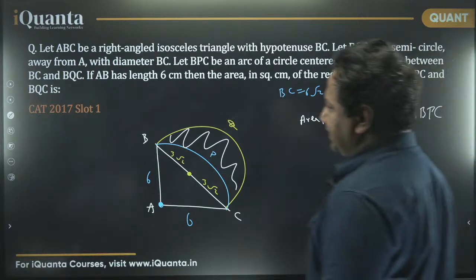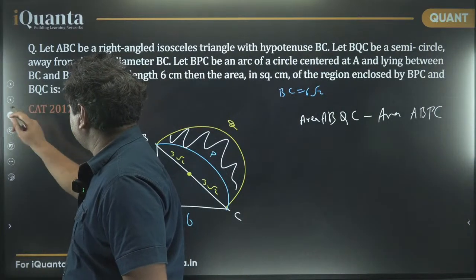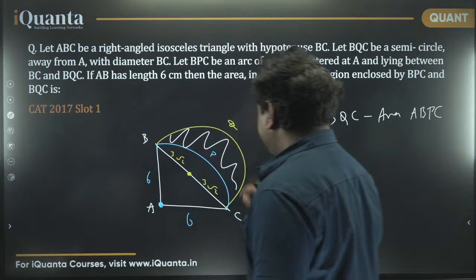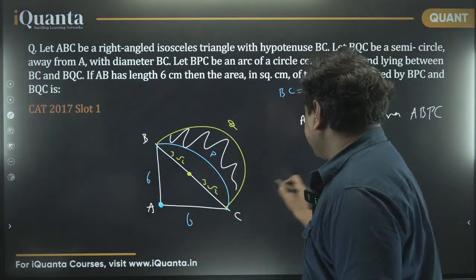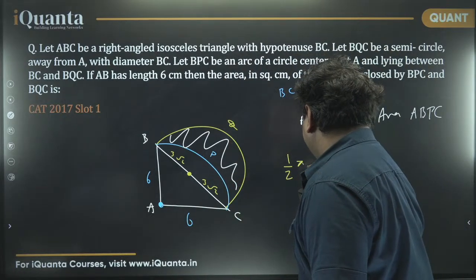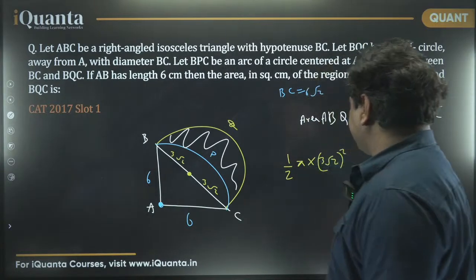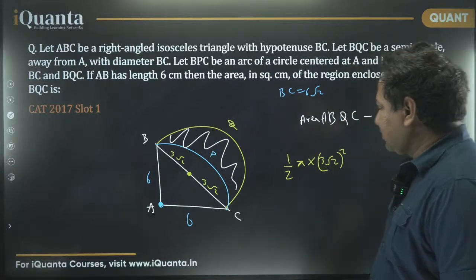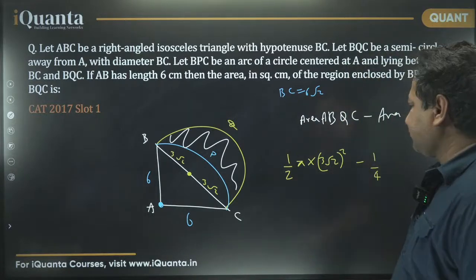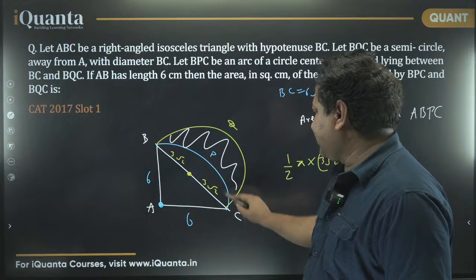Okay, so how will we do it? The semicircle, it is this, so we'll have half into pi r square, with r as 3 root 2. That is for the area of ABQC, and 1/4 of this quarter circle, okay?